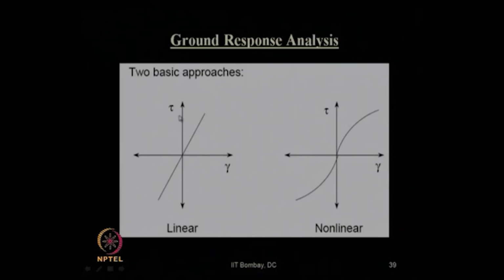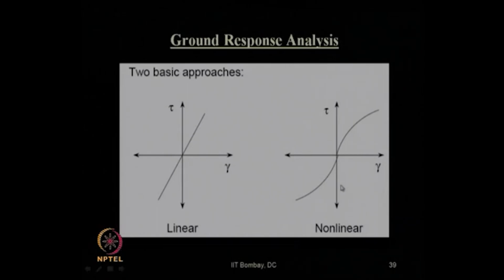Because in that case, the shear stress versus shear strain behavior of the soil material through which the earthquake waves are passing is assumed to behave linearly like this. If you take that linear behavior during the earthquake motion at a particular site, then you call it linear ground response analysis.